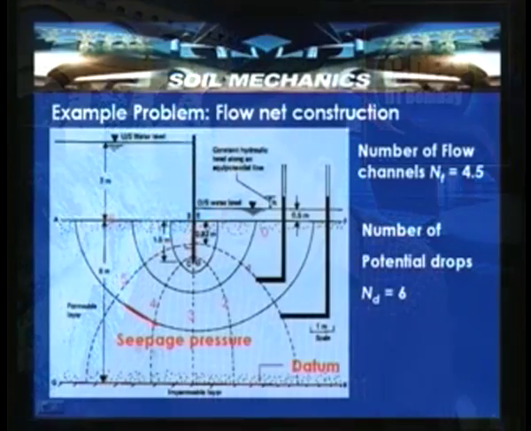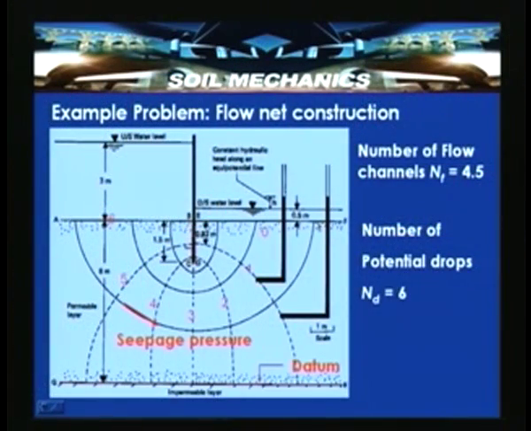So, the flow is taking place from A to B, if B is here and A is here, and seepage pressure is actually acting along the flow line.